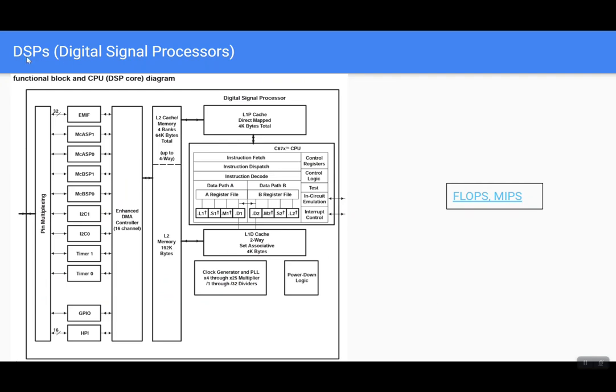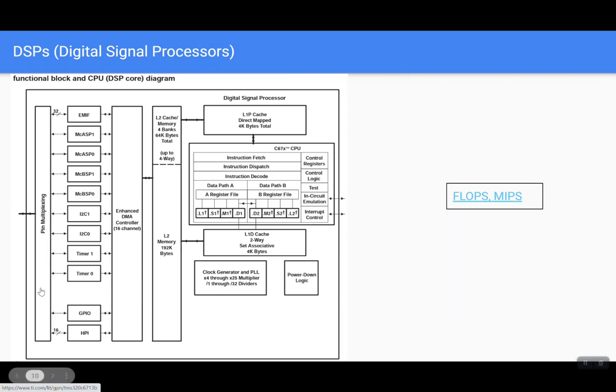So here's a block diagram of a digital signal processor. When we discuss DSPs, I'm just trying to see where this particular block diagram is taken from. Most likely I have taken this from one of the Texas Instruments DSPs. Yeah, right here. So it's a 67 series Texas Instruments DSP. It's a floating point processor.